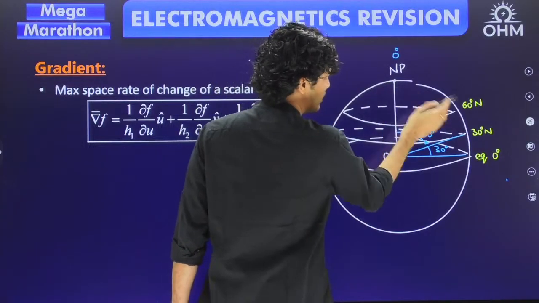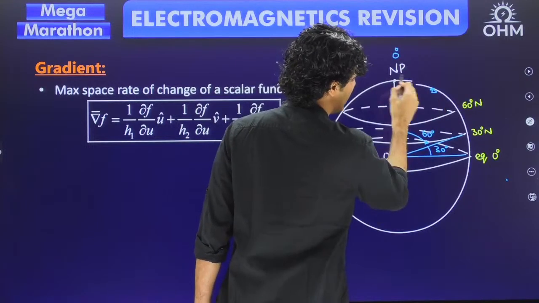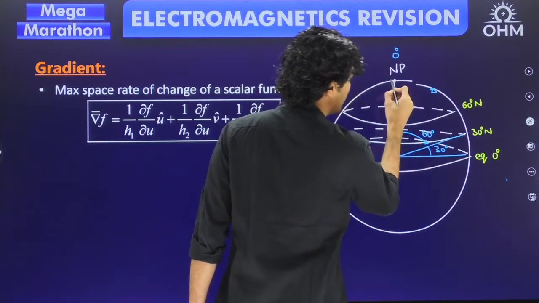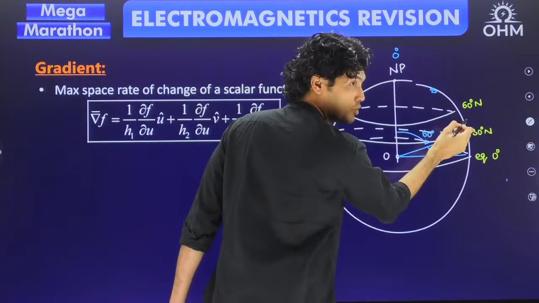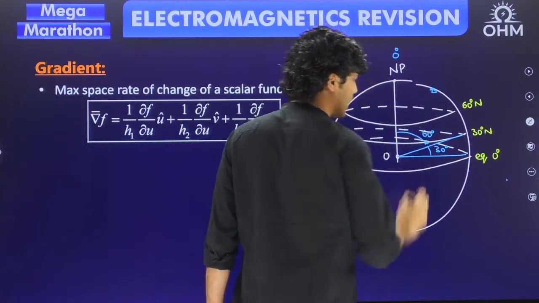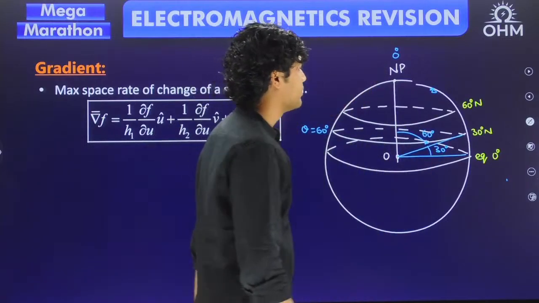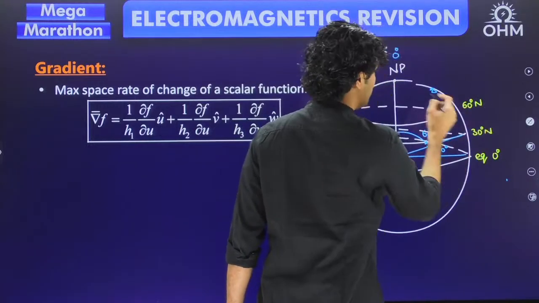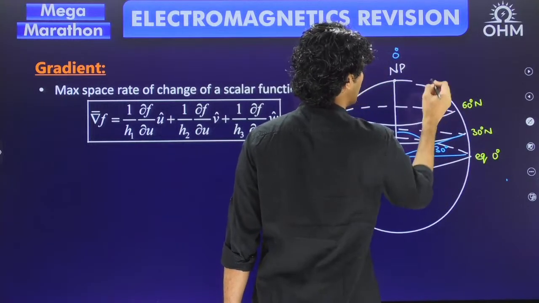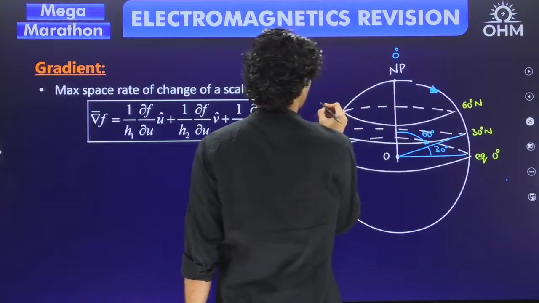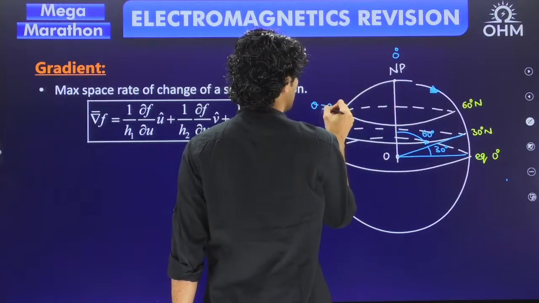Because you are measuring the angle from where? Angle from North Pole. If I want to reach here from North Pole, how much angle am I supposed to rotate? I'm supposed to rotate this entire angle, which is nothing but 60 degrees. And this is 60 north, means how much with respect to the spherical coordinate system? This 60 north is also equal to theta equal to 30 degrees.